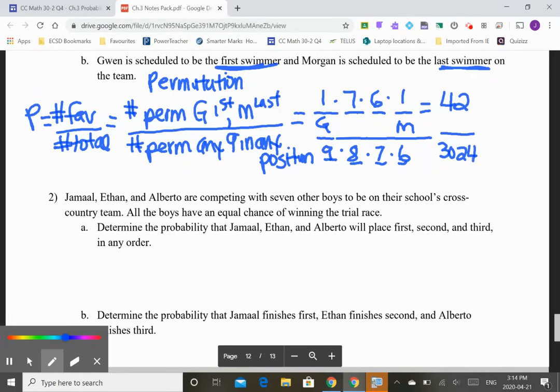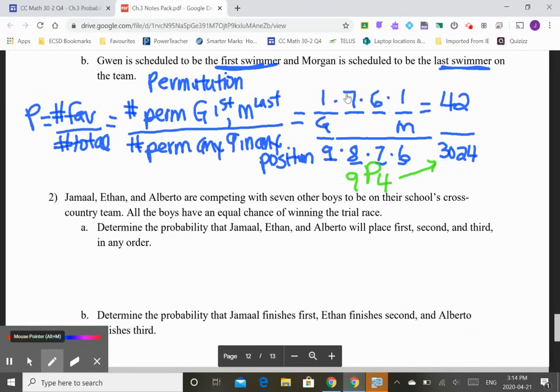We could have also written that denominator in a bit of a different way. We could have thought to ourselves, we have the 9 students. We are arranging them 4 at a time. So 9 permute 4 would give you the same exact number, still that 3,024.